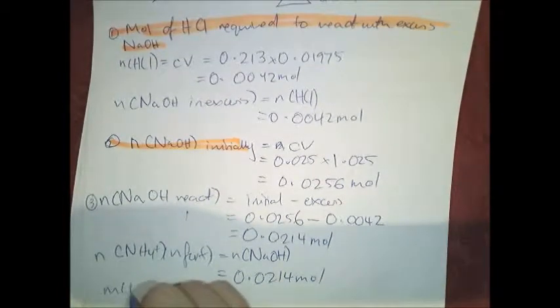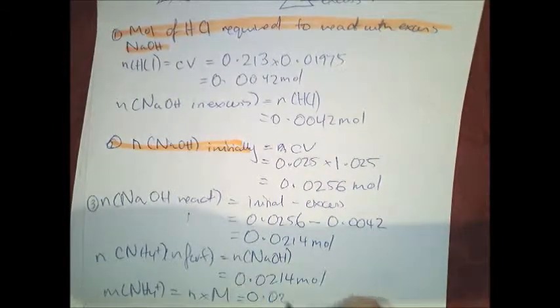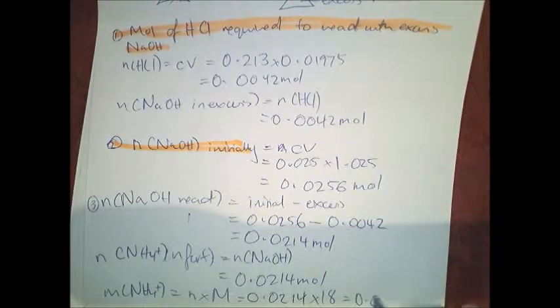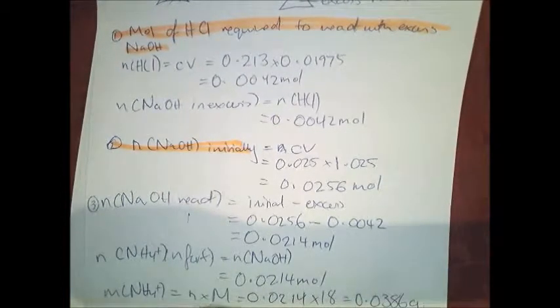Now the mass of NH4+ equals moles times molar mass, 0.0214 times 18, 0.0386 grams.